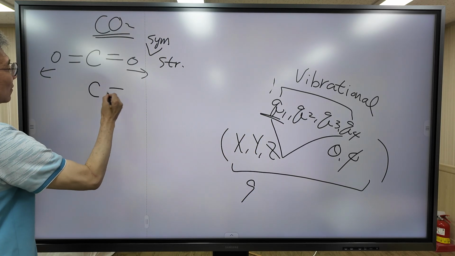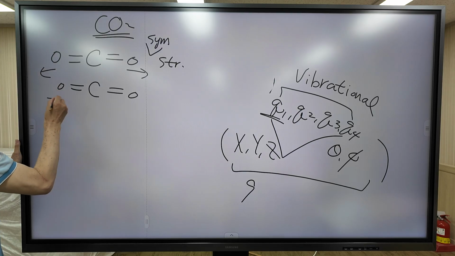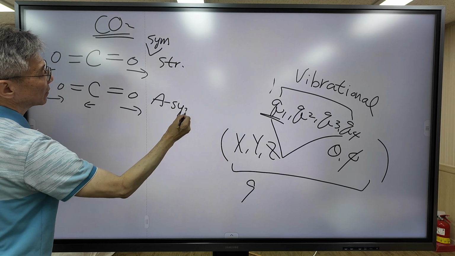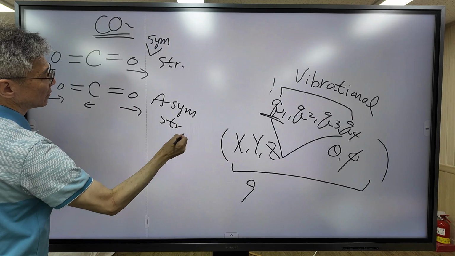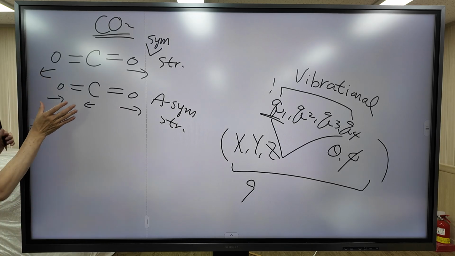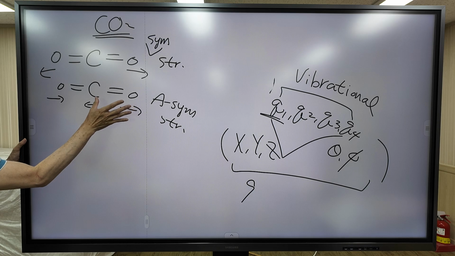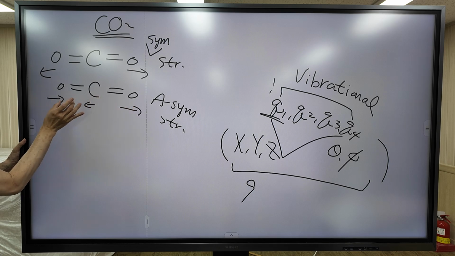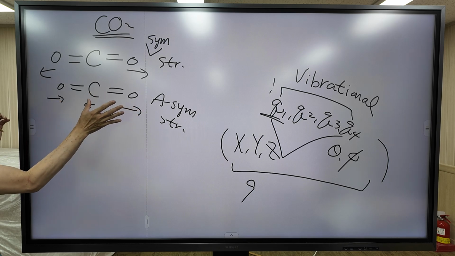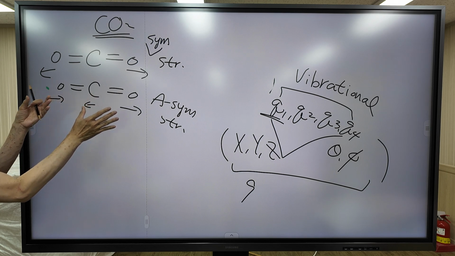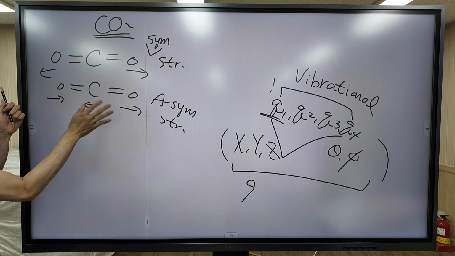The second vibration is called asymmetric stretching. In this vibrational motion, this bond stretches, this bond compresses, this bond stretches. So these two bonds oscillate out of phase. This type of vibration is called asymmetric stretching.